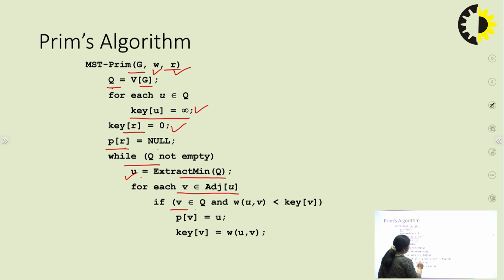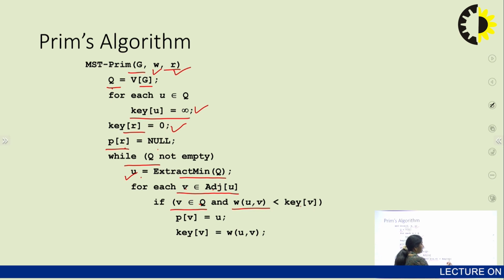If V is still present in Q, we'll take all the neighbors one by one and see, is it still in Q, that is, not yet processed, and the weight of the edge from U to V is less than the key value of V. There have been some values assigned to all the nodes.